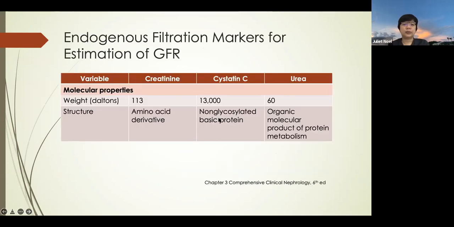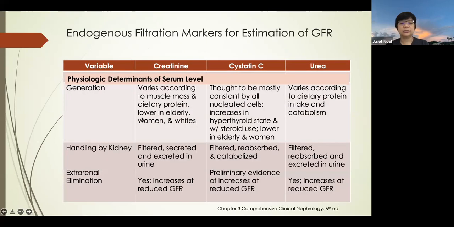So these are the endogenous filtration markers for estimation of GFR: the creatinine, the cystatin, and the urea, the blood urea nitrogen. In terms of weight, it is higher, no? For creatinine, generation varies according to the muscle mass and the dietary protein, and it's lower in elderly, women, and in whites.